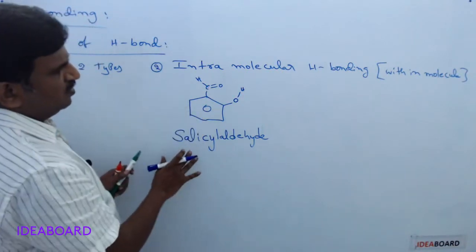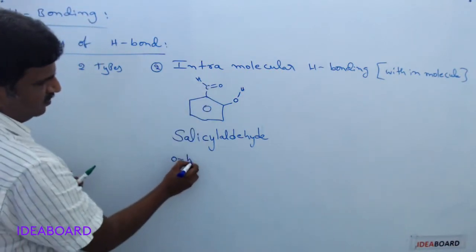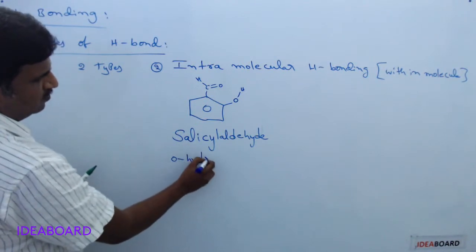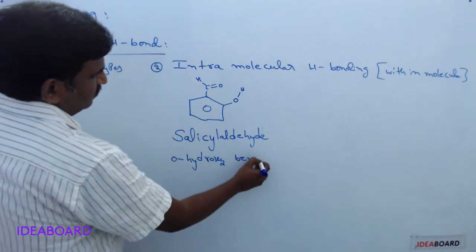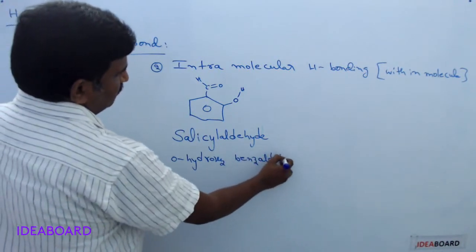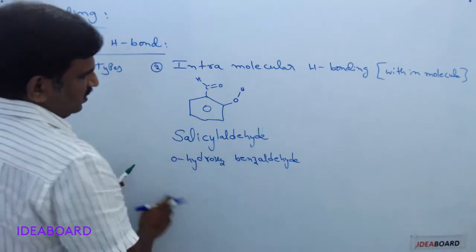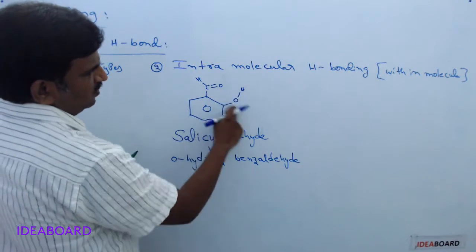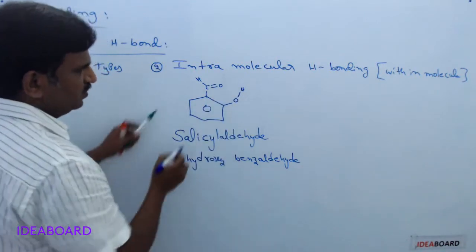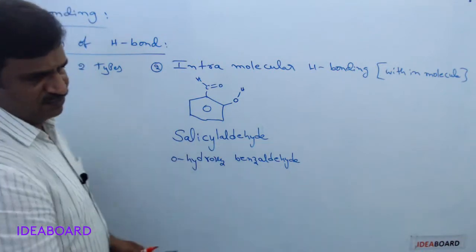You just remember now, salicylaldehyde, or it is called ortho-hydroxybenzaldehyde. O means ortho, and this is the ortho position to this. The OH group is the hydroxy group, and the CHO group on the benzene ring is called benzaldehyde.